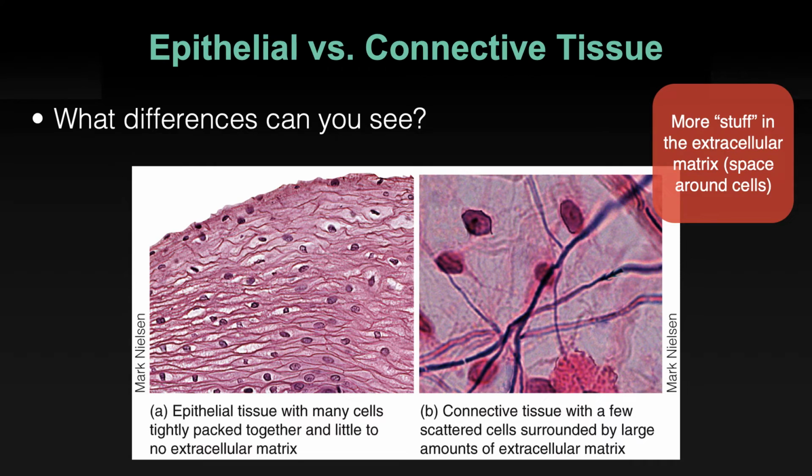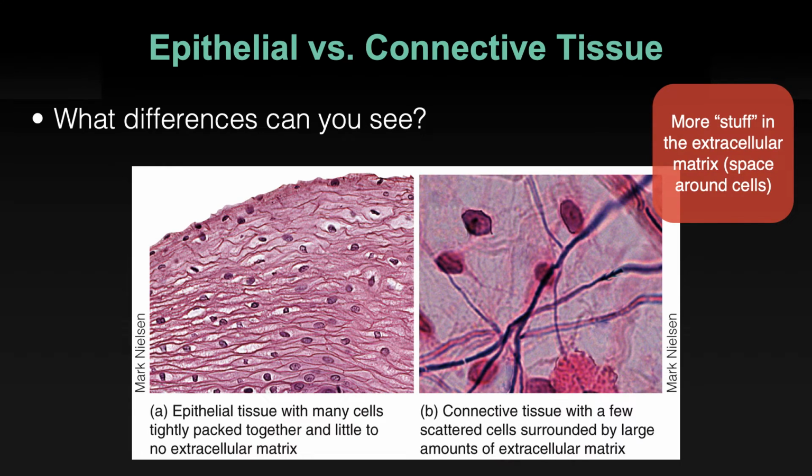Maybe it's fluid, maybe it's proteins, maybe it's some adipose, but there's stuff between the cells. There's some blood supply, there might be some nerves, there might be structural proteins. It's wide open. There's more stuff in the space between cells.